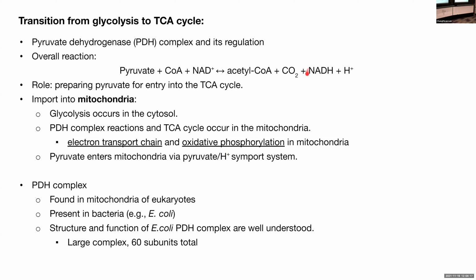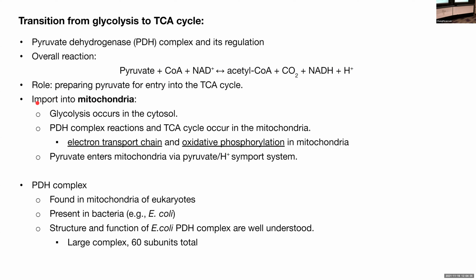So there's an oxidation that is involved for pyruvate, and the role of this transition between glycolysis and the TCA cycle is to simply prepare the pyruvate into acetyl-CoA to fit into the TCA cycle.